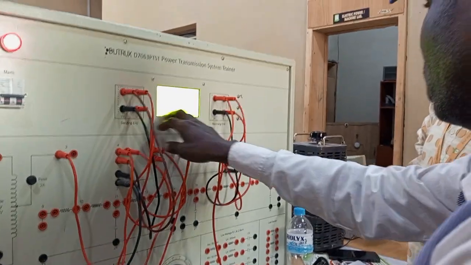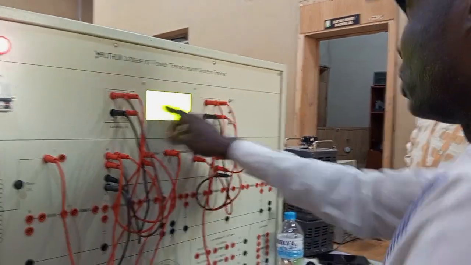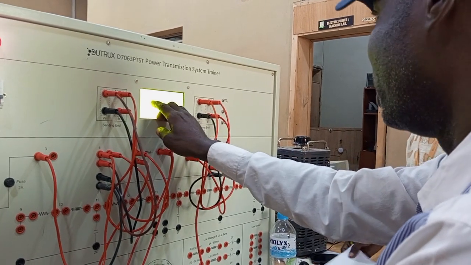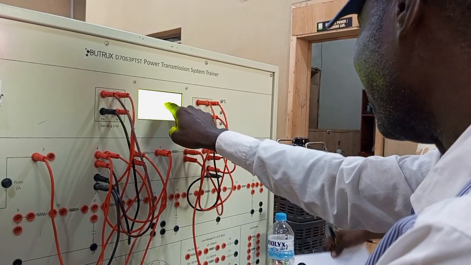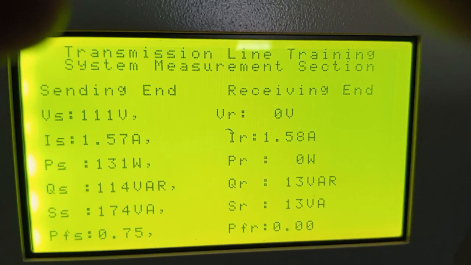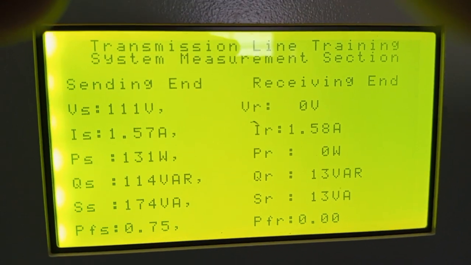Okay, so now what we notice here is that this is at short circuit now. The voltage is at maximum here, but at the receiving end there's no voltage.